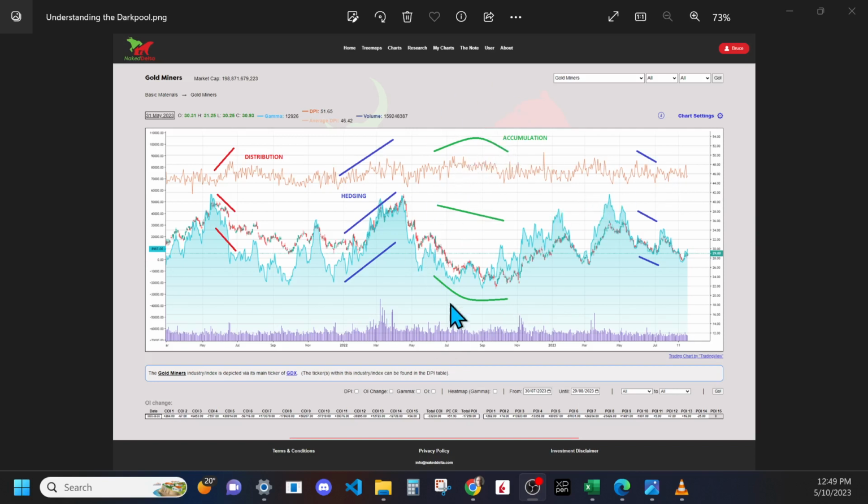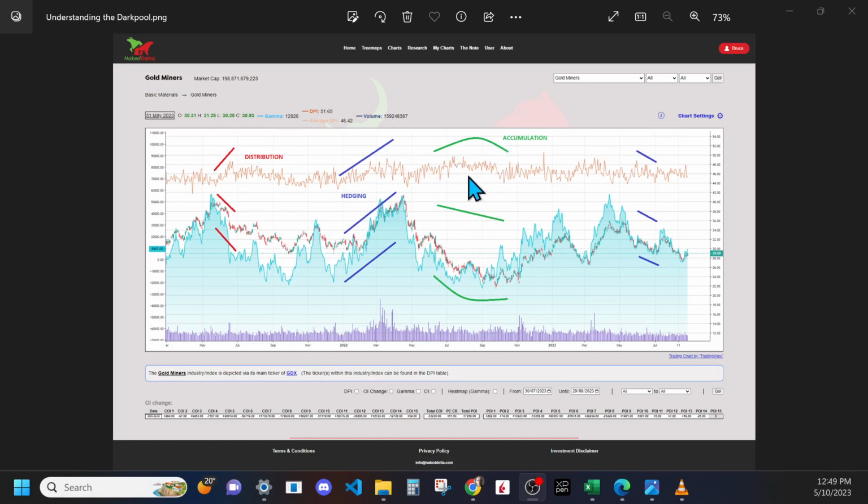Now, accumulation we can see with these two in green here with these bulging curves. What we find with accumulation is that we have an upwardly convex curve above with DPI matching it during a period of accumulation. But the price action, which is the center of these three lines in all of these little descriptions here, price does not have to be going up.